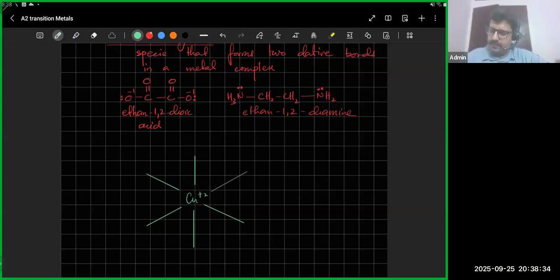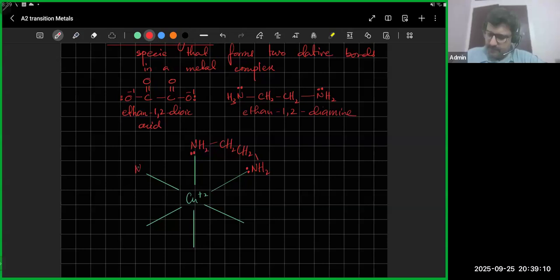Now let's think of ethane 1,2-diamine. Think of it as two ammonias, an NH2 and another NH2, except that they are joined together by a carbon chain. One N forms a dative bond from one side, and the other N forms a dative bond from the other end.